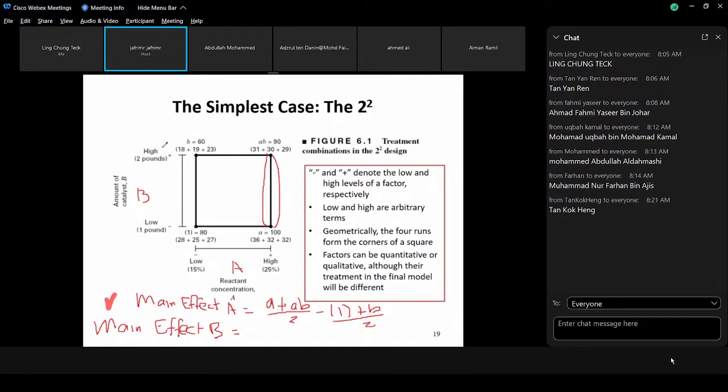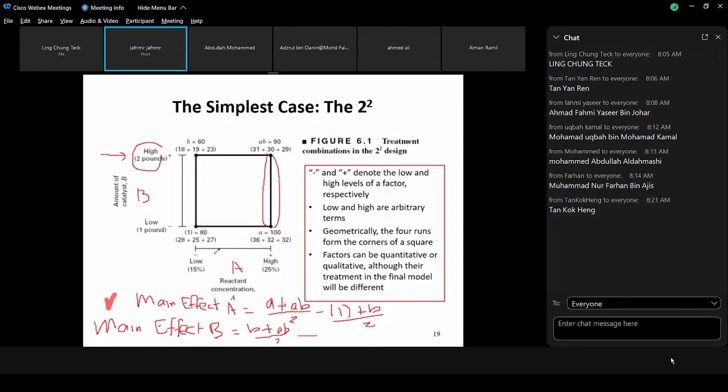That is B plus AB, divided by 2, the average of two.